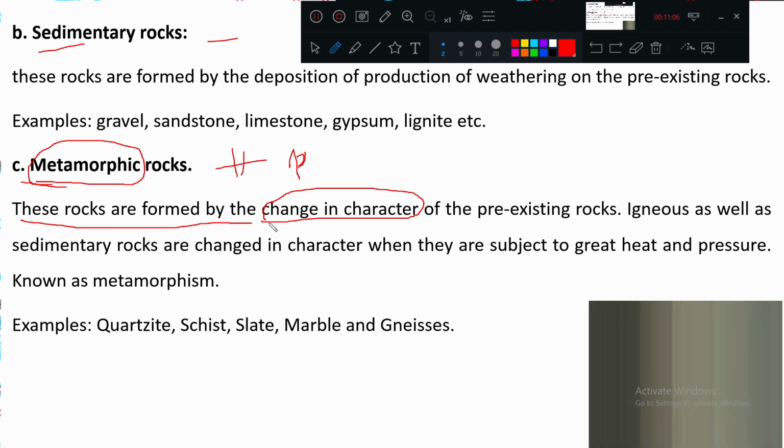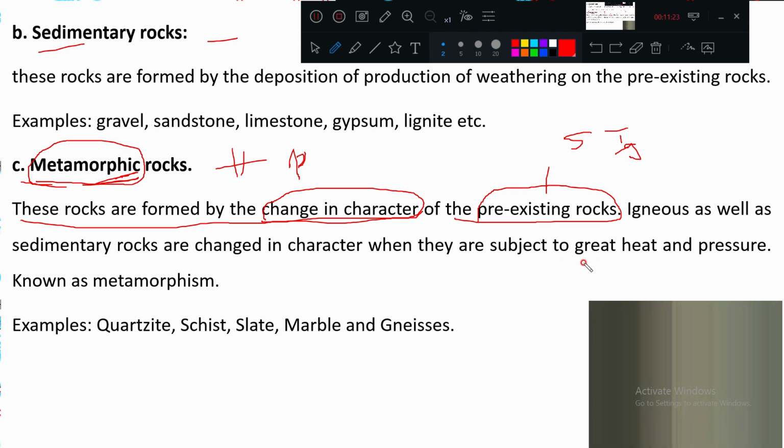These rocks are formed by change in the character of pre-existing rock. What are these pre-existing rocks? These are nothing but sedimentary rocks and igneous rocks. By application of heat and pressure, they are converted into metamorphic rock.